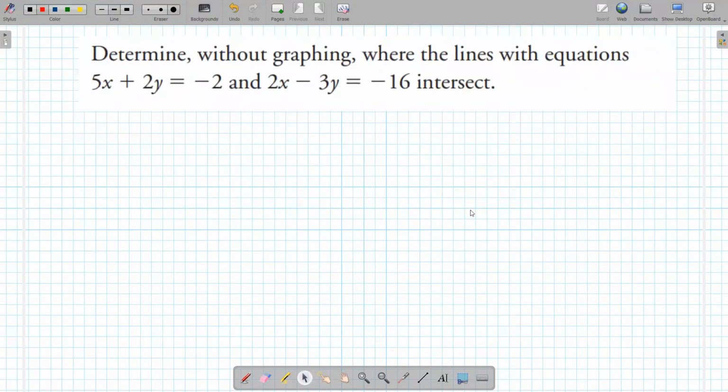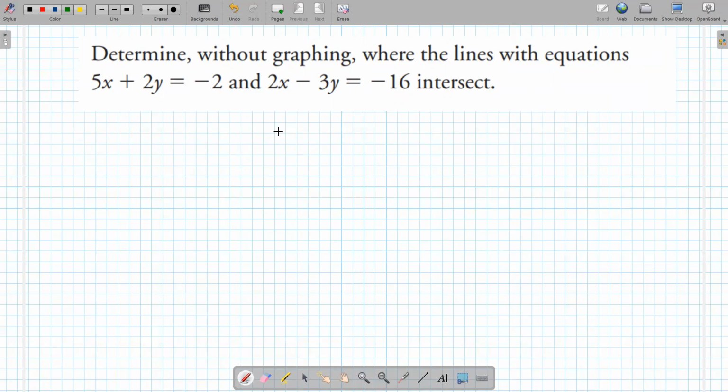This one, it says determine without graphing where these two intersect. Now this one's gonna be an annoying question simply because you're gonna end up with some fractions. What should we do? It doesn't matter which one you pick, you're gonna do substitution.